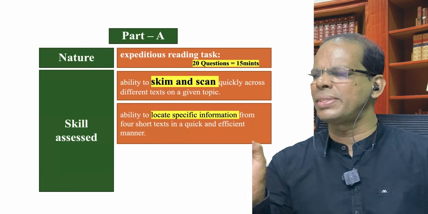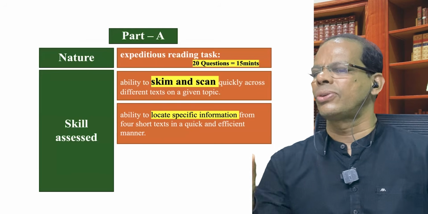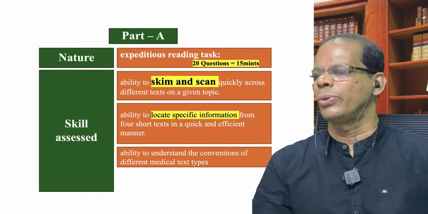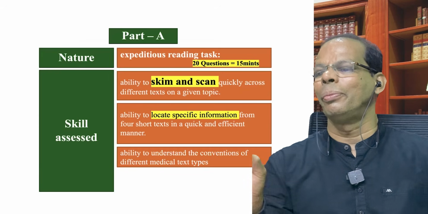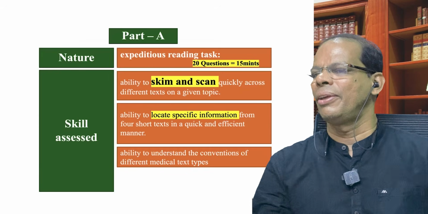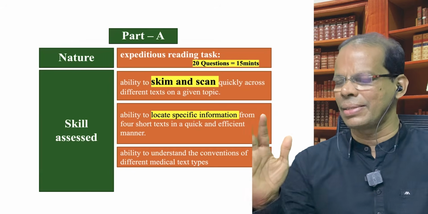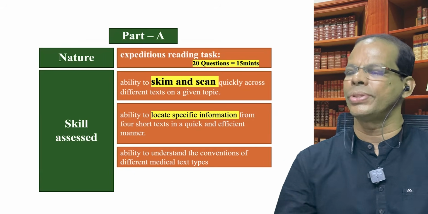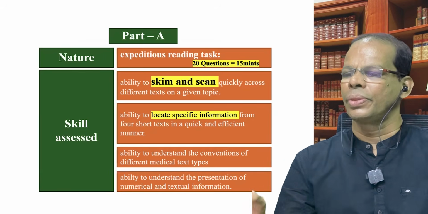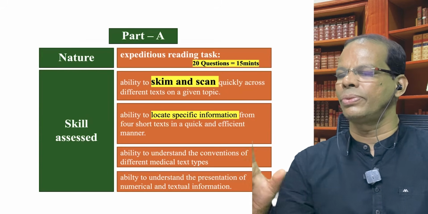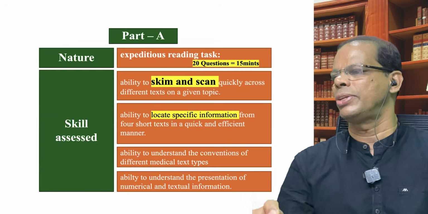Ability to locate specific information from 4 short texts in a quick and efficient manner. Ability to understand the conventions of different medical text types. There are different conventions; I've already explained how texts appear and what the sequence is, and again we'll be explaining. They also assess your ability to understand the presentation of numerical and textual information.